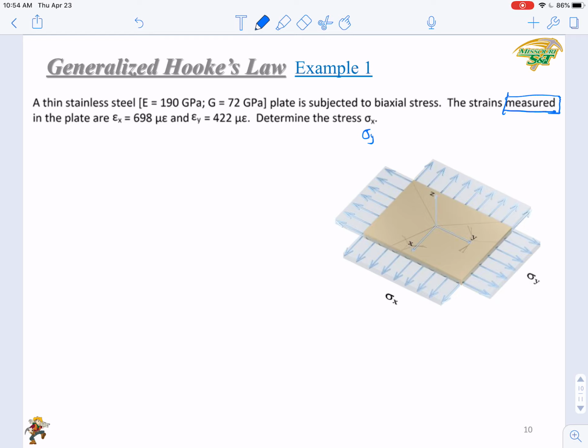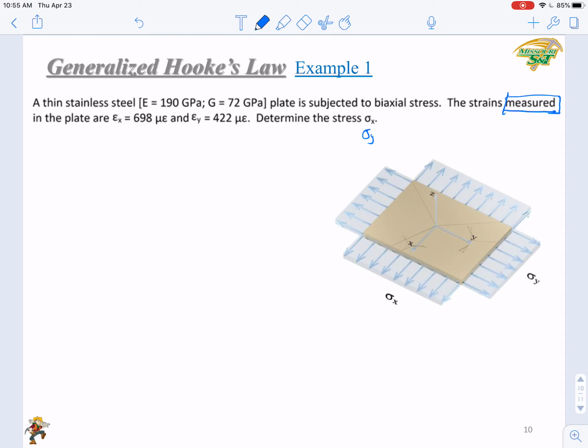Then we can solve the equations and determine epsilon x, epsilon y, gamma xy, etc. We didn't talk about how to calculate the stresses, but here you should know how, with the generalized Hooke's law.